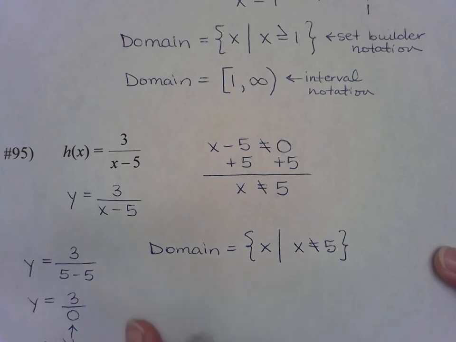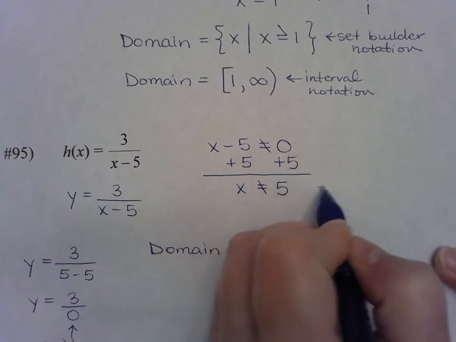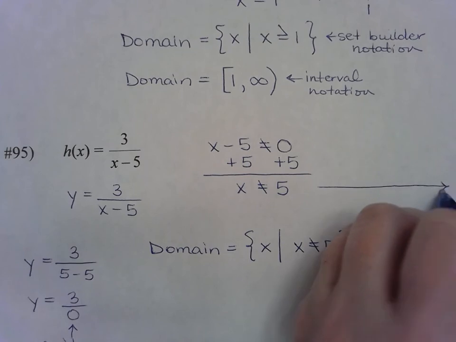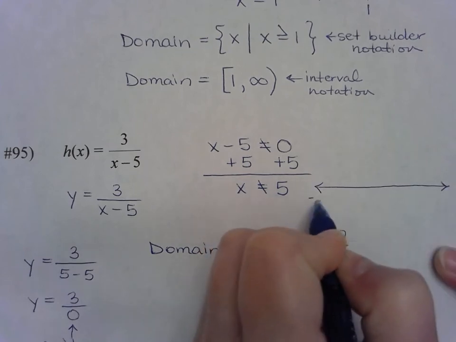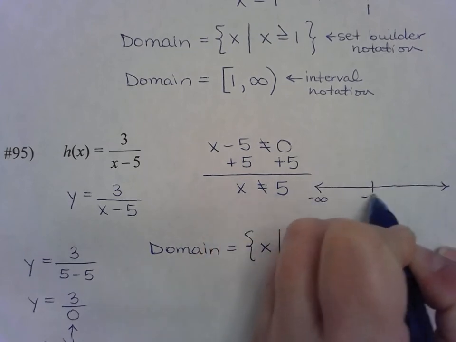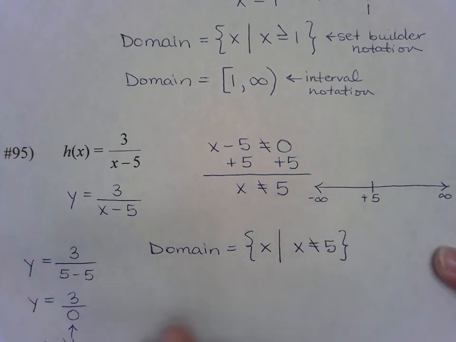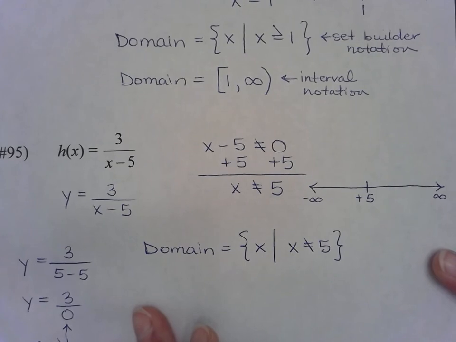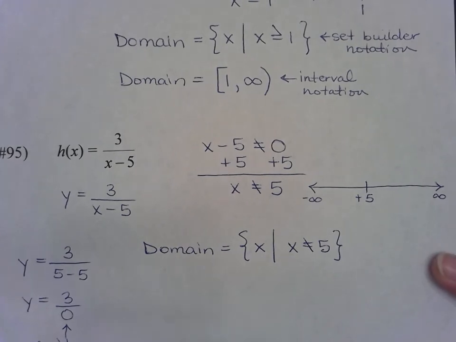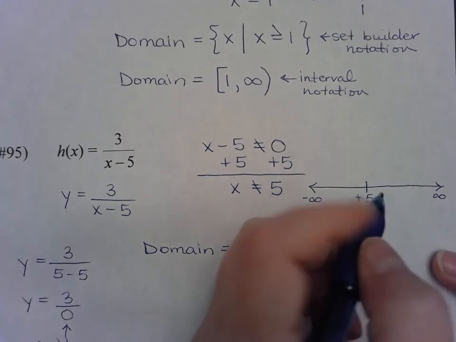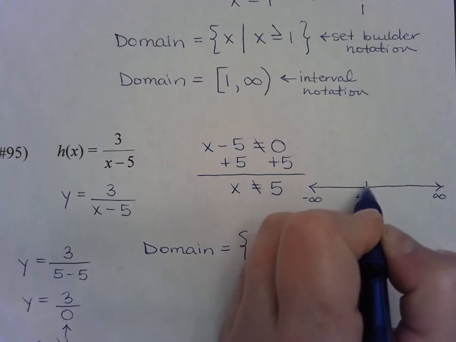Okay, if you wanted to write this in interval notation, this one gets a little bit interesting. We will talk about interval notation in more depth later on. So I'll just kind of show it to you now in case you want to go ahead and start trying it out. But if you'd rather wait, you can definitely do that.